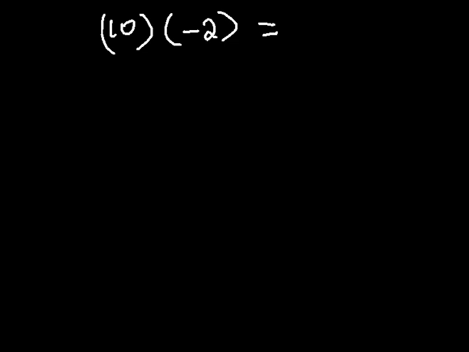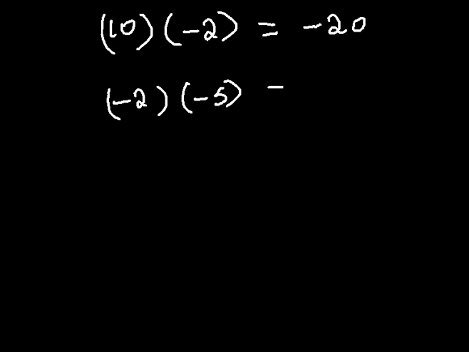So according to the law, a positive times a negative, the overall result becomes negative. So we'll have 2 times 10, which is 20, but that will be negative 20.